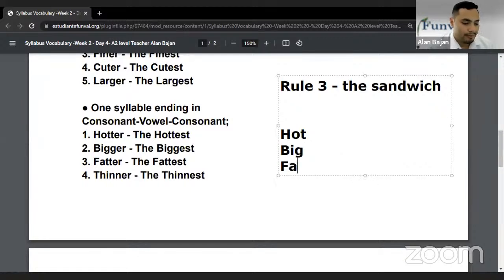The rule says that if we have a sandwich, we duplicate the last consonant. Hot, hotter. Big, bigger. Fat, fatter.